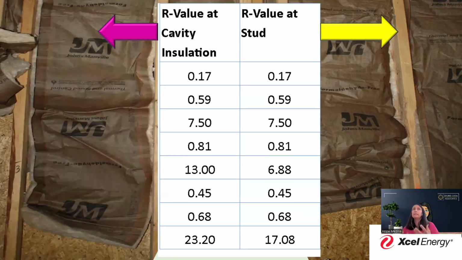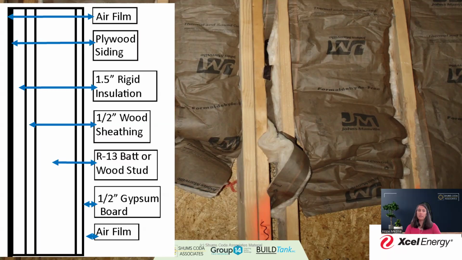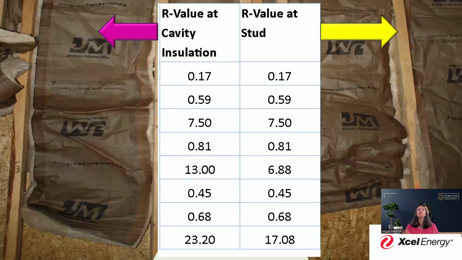So in this concept, you're going to have two columns. You're going to have one column that's going to have the various components that we just saw on this screen, the design of this assembly, and you're going to have two values. You're going to have a value of where you would get this when it's located at the cavity, where the insulation is going to be, and then where the R value is, where the value will be when it's at the stud.